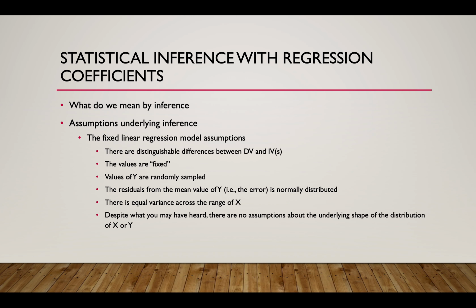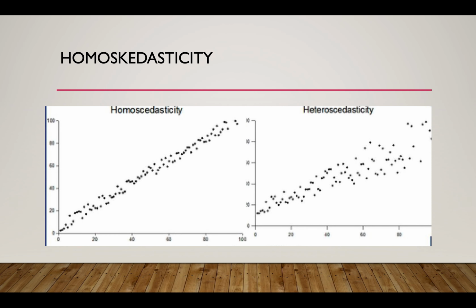And this plays to our next point, and that is that there is equal variance across the range of x. If there is not equal variance across the range of x, we have what is called heteroskedasticity. Ideally, we want homoskedasticity. We want our skedasticity to be equal.